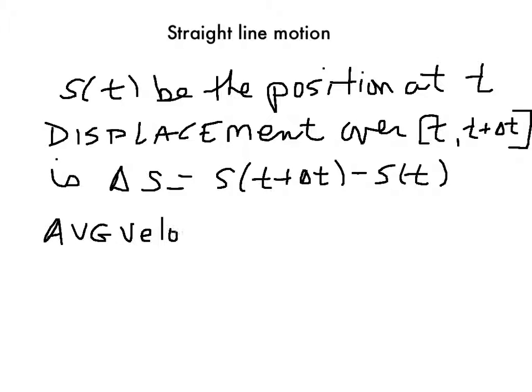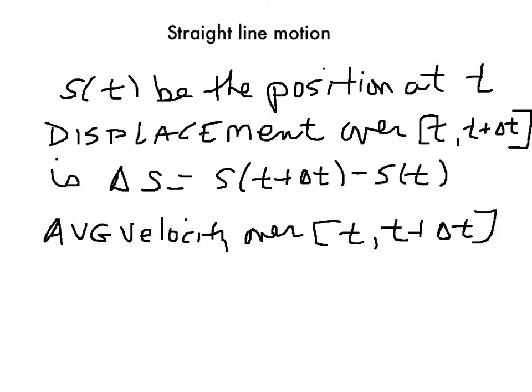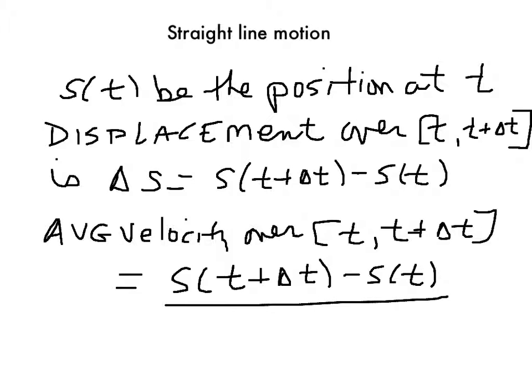The average velocity over the interval t to t plus delta t is equal to the displacement, which is a distance, divided by time. So that gives us expressions for displacement and average velocity.